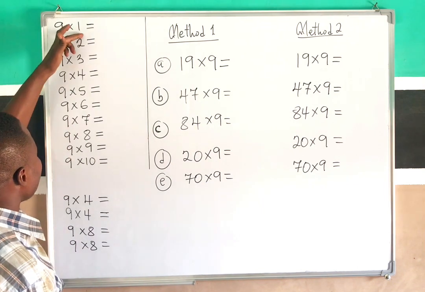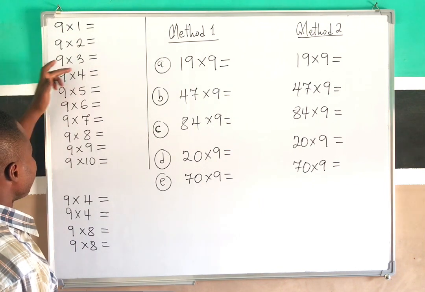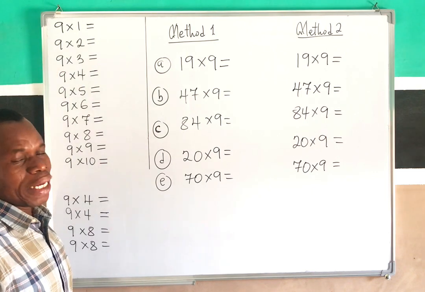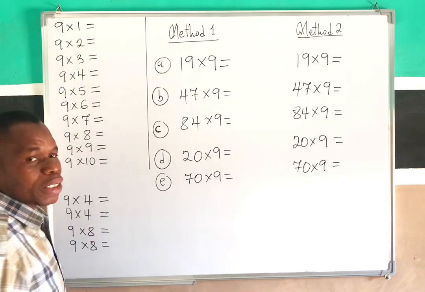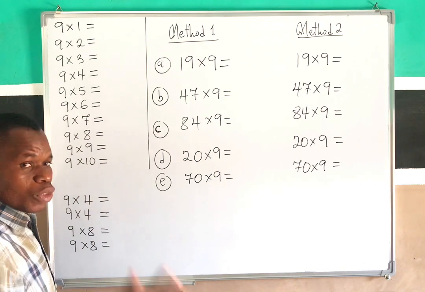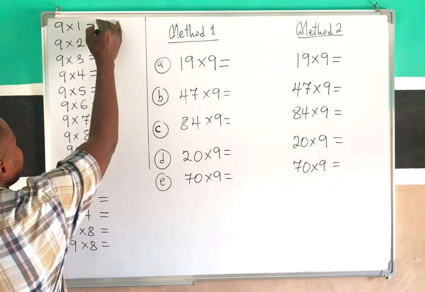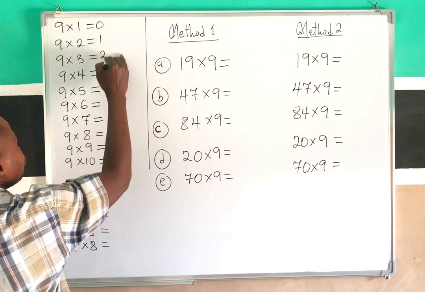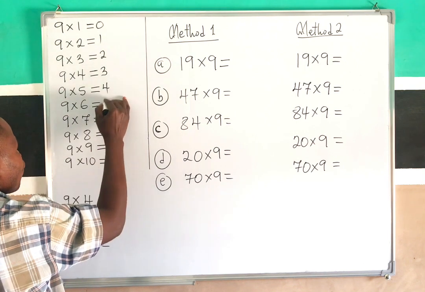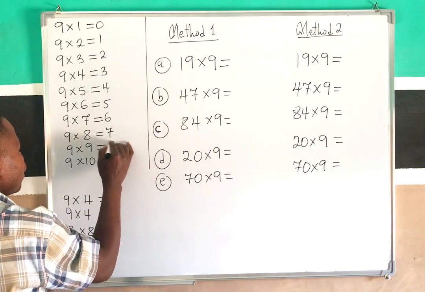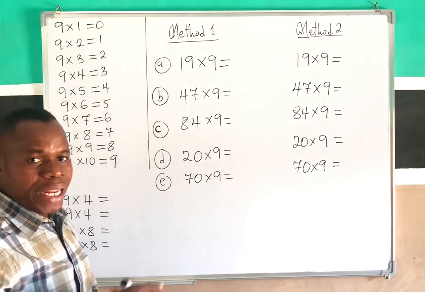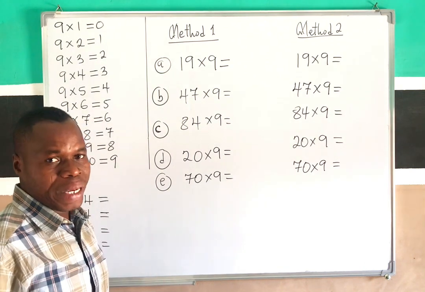I have 9 times 1, 9 times 2, 9 times 3, 9 times 4, up to 9 times 10. So if you want to write the multiplication table of 9, what you quickly do is that you write 0, 1, 2, 3, 4, 5, 6, 7, 8, 9. After this, you reverse the numbers.